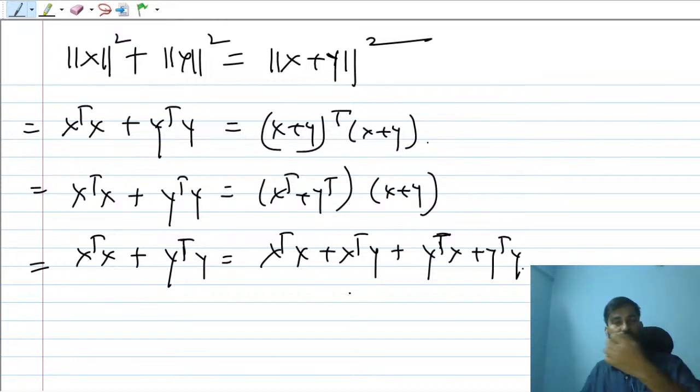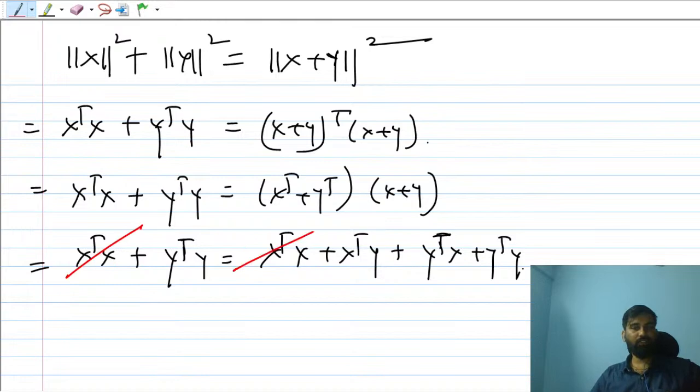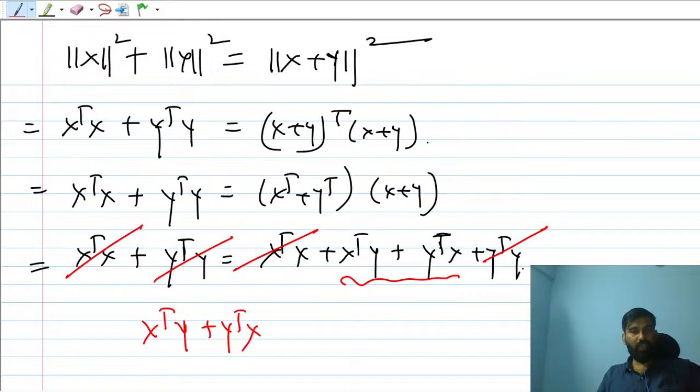You see what is being cancelled from both sides: x transpose x and x transpose x got cancelled, and y transpose y and y transpose y got cancelled. So what is remaining here? We have x transpose y plus y transpose x equal to 0.